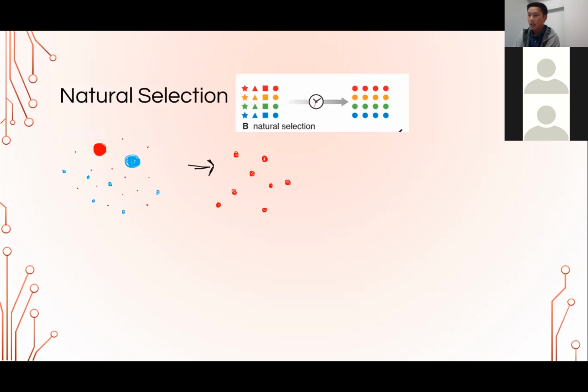Over time, because all the blue organisms are gone, only the red organisms are going to continue to reproduce. And in the next generation, you're only going to see the red organisms. That's an example of natural selection.